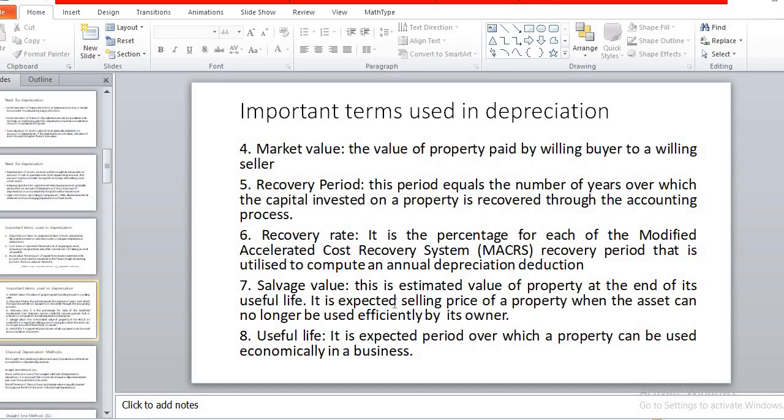Salvage value is the value at the end of the useful life of that property. And useful life is the period when that property works properly, efficiently and economically in that particular business.